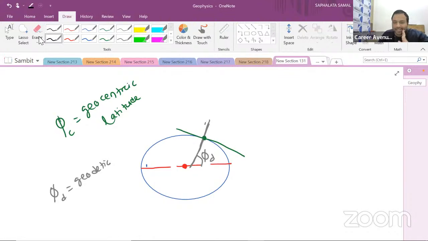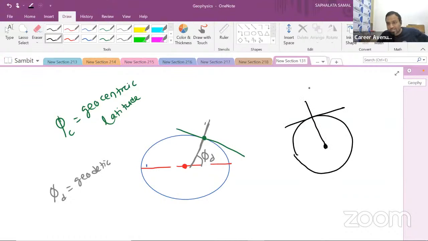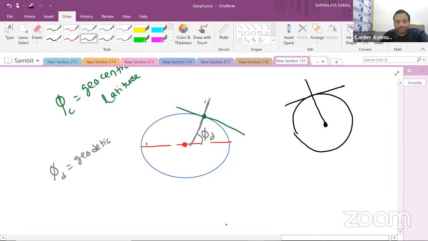So, geocentric and geodetic latitude. If the Earth were a pure sphere, geodetic would be equal to geocentric, because if I draw a tangent at any point on a circle, the normal to this tangent will go through the center. Because the Earth is not a sphere, the geodetic and geocentric latitudes are different.